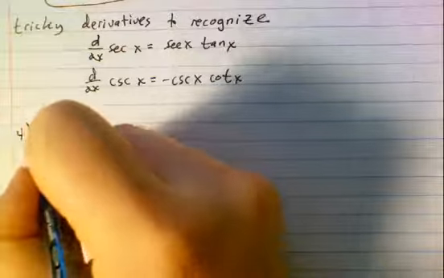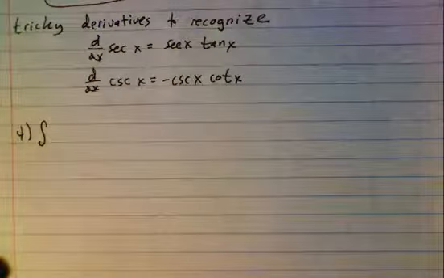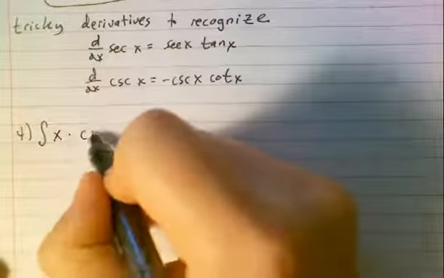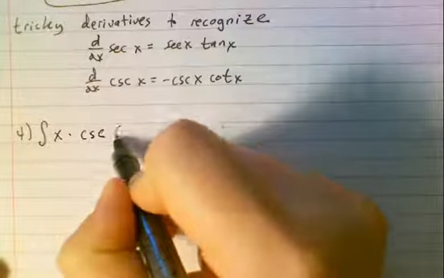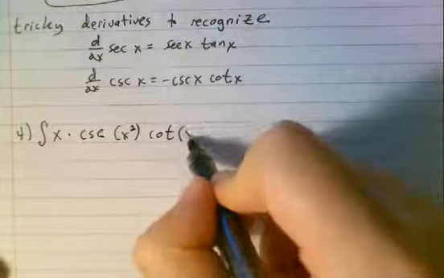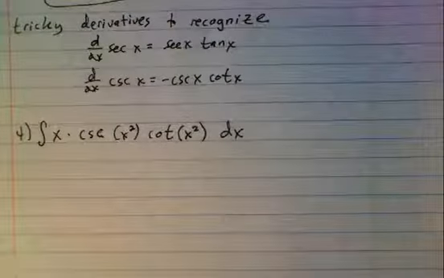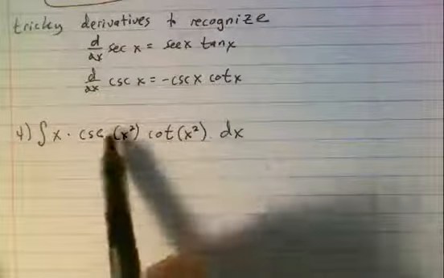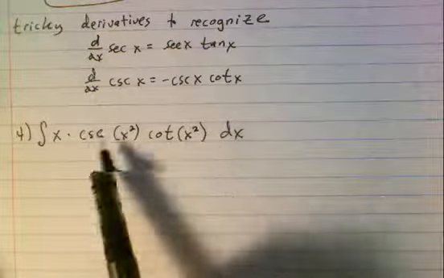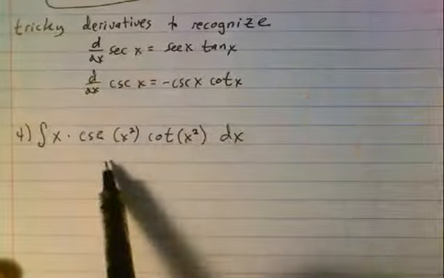And so when we have a problem like this, antiderivative of x times the cosecant of x squared times the cotangent of x squared dx. We have to sort of look at these and realize that even though there are two things multiplied together right here, these are really all one antiderivative.